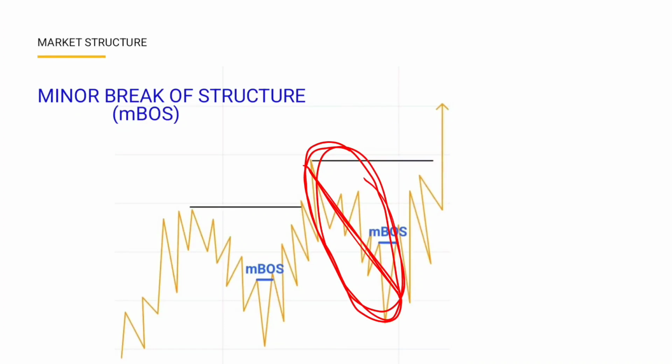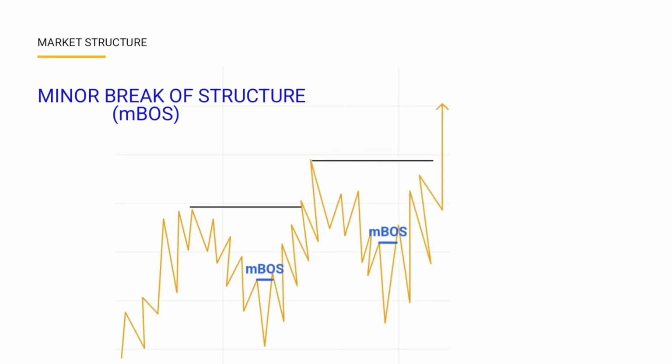These corrective and impulsive waves within our main impulsive and corrective wave is what we refer to as minor structure. Now, in this minor structure, the first high to be taken is what we call a minor break of structure. It is a sign that market wants to come up to take this high eventually.